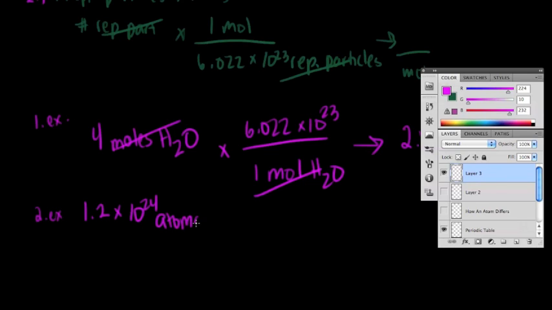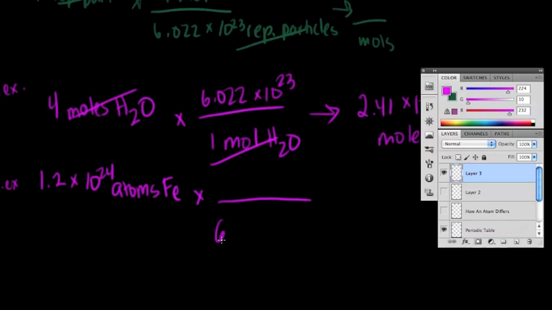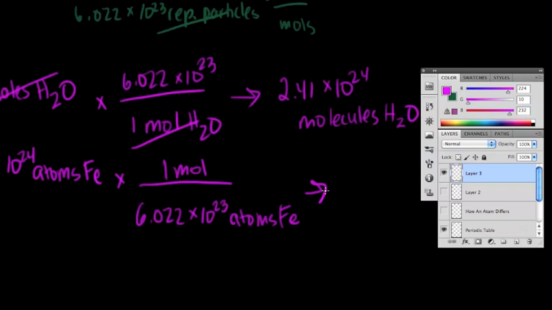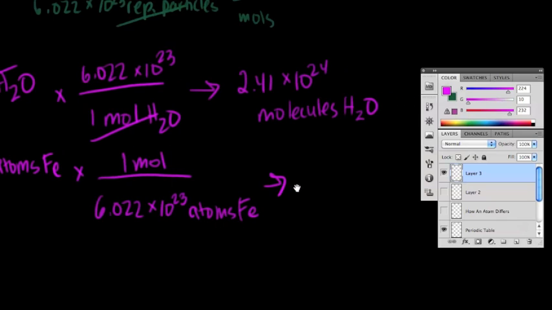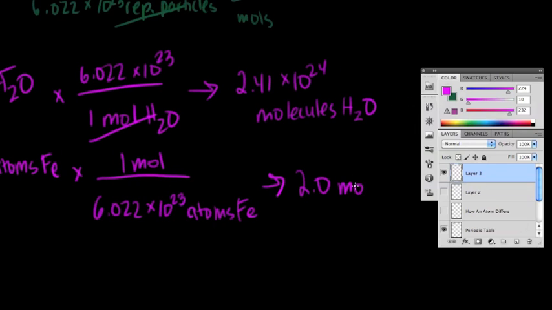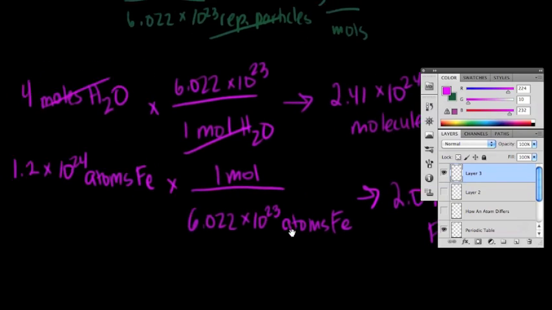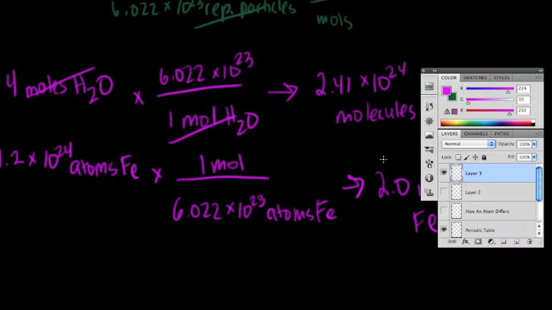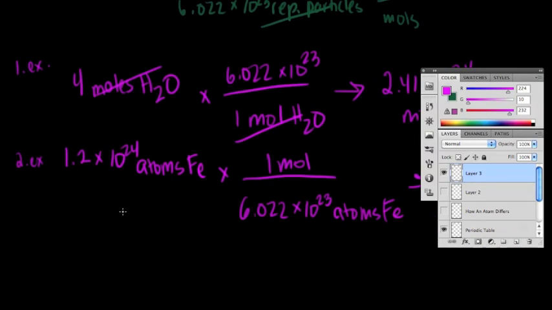So atoms Fe times 1 mole over 6.022 times 10 to the 23 atoms Fe, because this is just your conversion factor, that's all it is. And you would get the number of moles Fe. Pay attention to significant figures here, and you put the .0 because this has 2 significant figures.